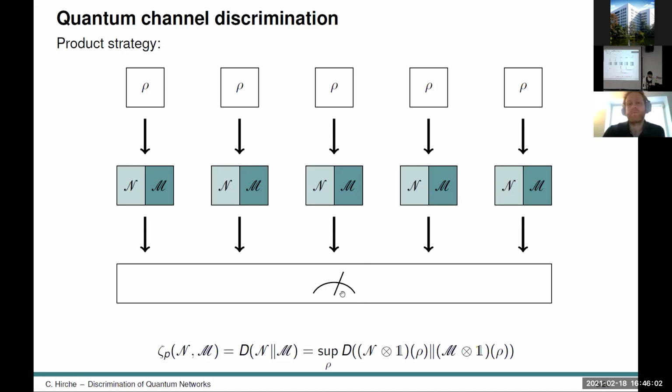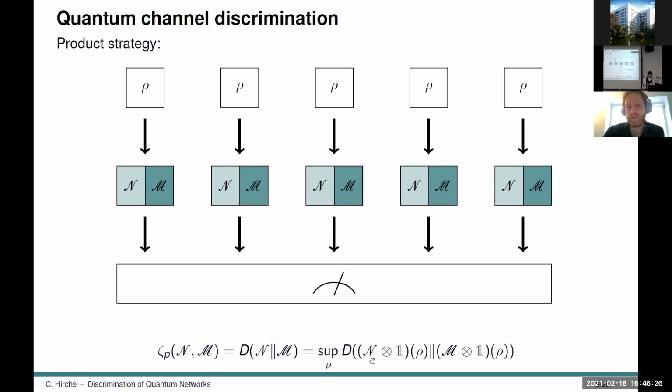Now, this again is a particular instance of a channel discrimination strategy where we use product states. So I call this a product strategy, and it's quite easy to see as an extension of the state case that for this quantity, the optimal error exponent is the channel relative entropy.